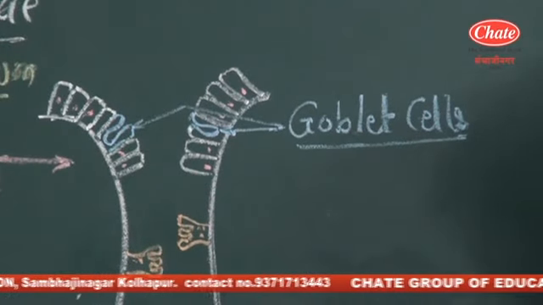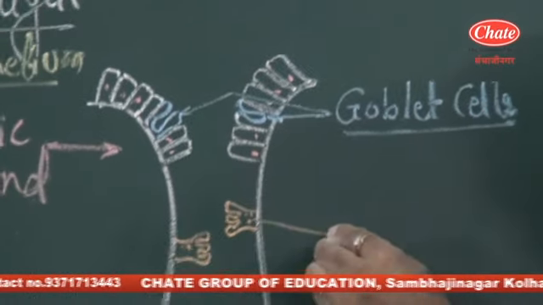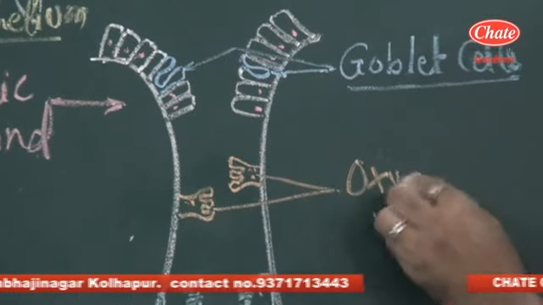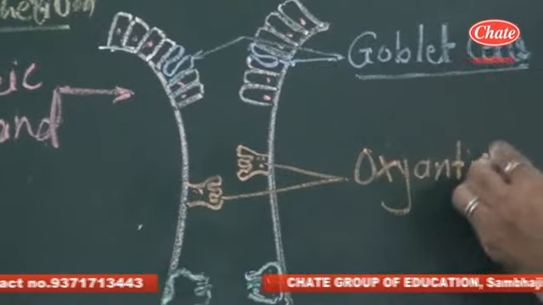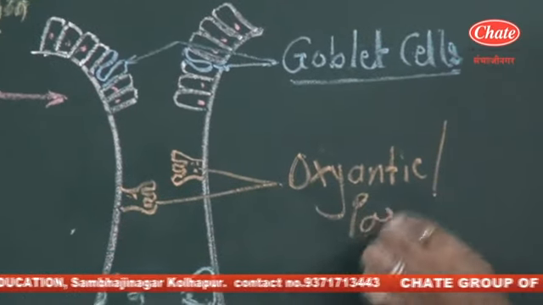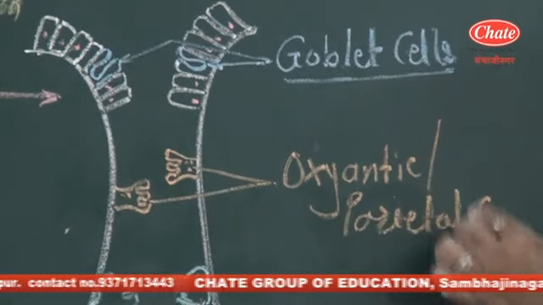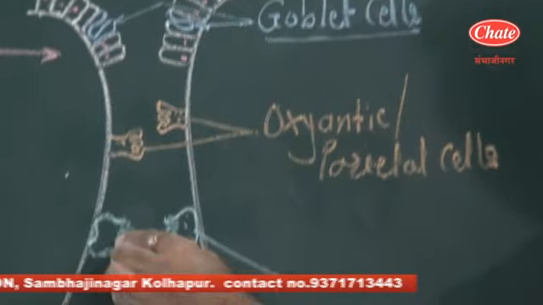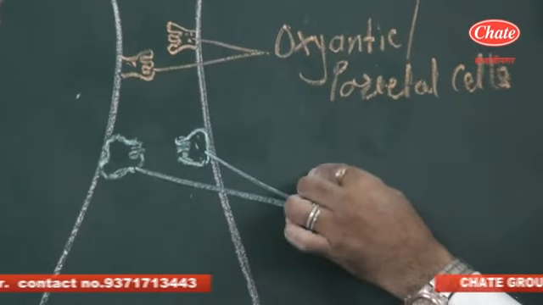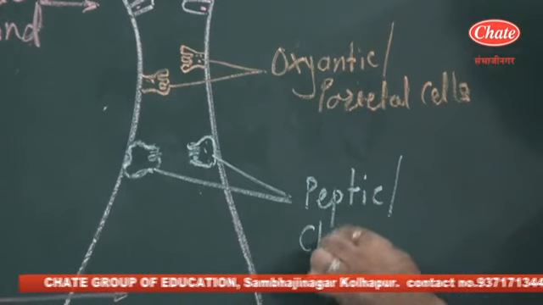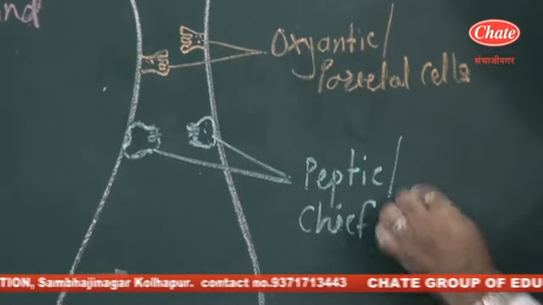First cell, that is the goblet cell. Second cell, it is the oxyntic cell, or it is termed the parietal cell. Third type of cell is termed the peptic cell or chief cell.